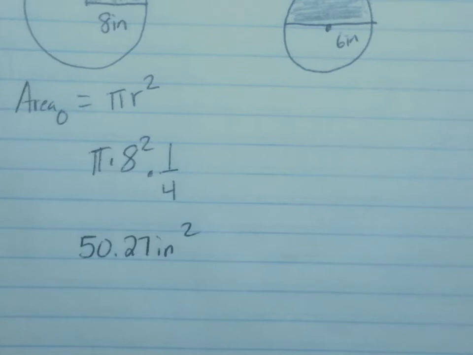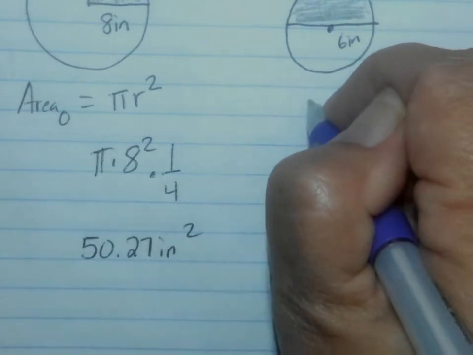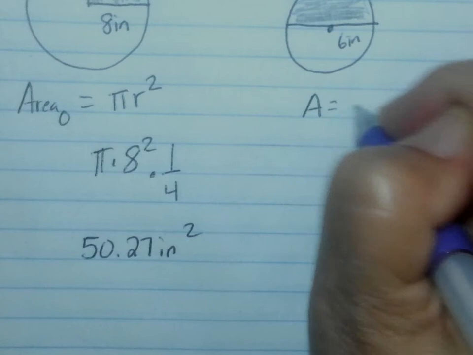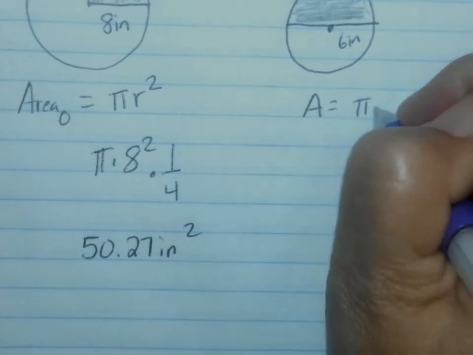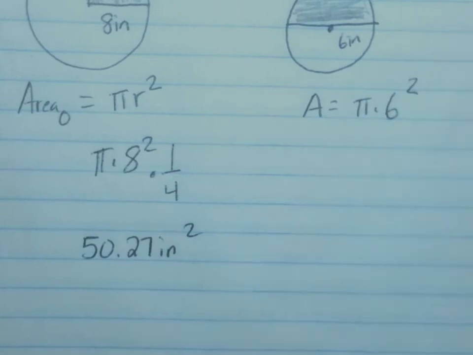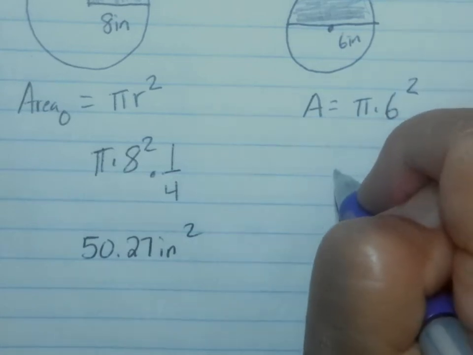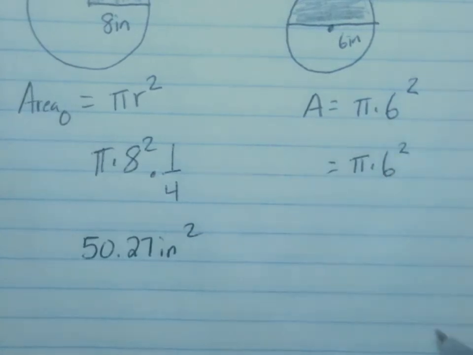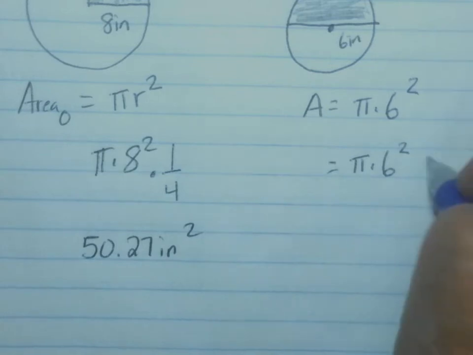Alright, well I wonder how that's going to compare to the pizza that Karina ate. So Karina's pizza is a circle, and so the complete area is pi times r squared, which in this case is going to be 6 squared. But for the part that Karina ate, she didn't eat the whole pizza. What part did she eat? A half.